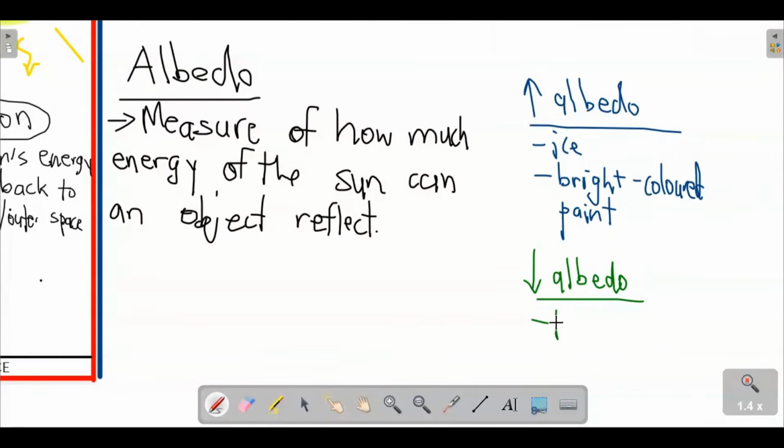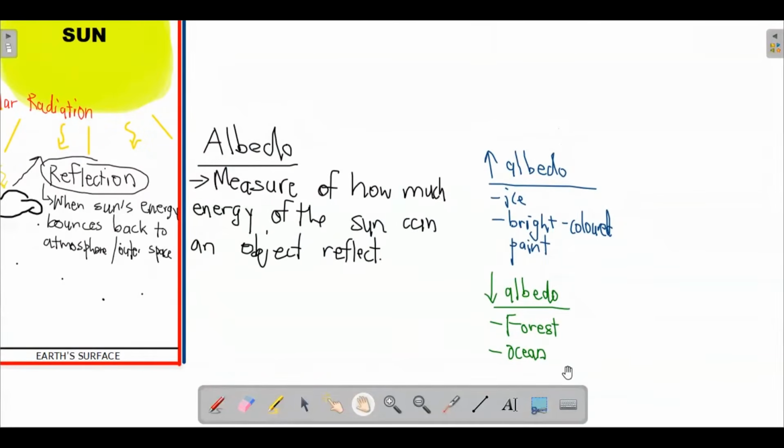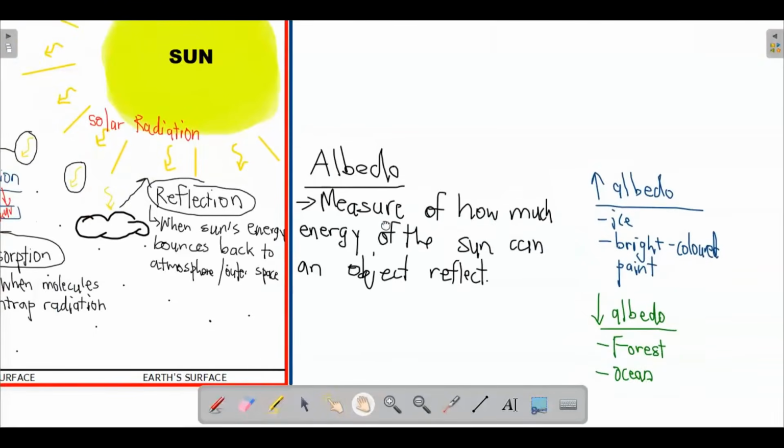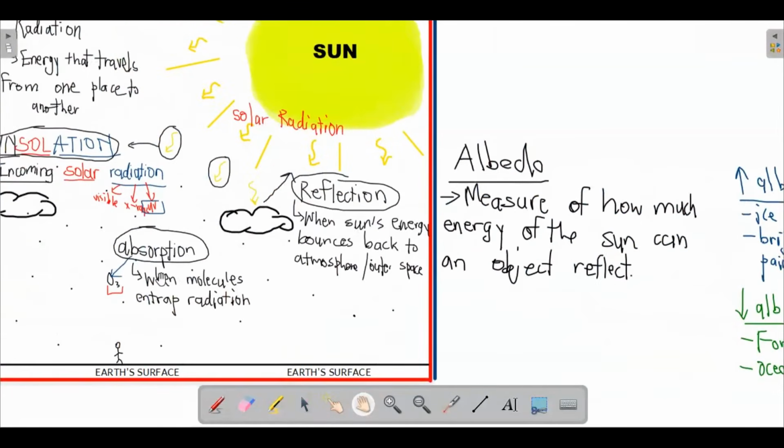The forest has a relatively low albedo. The ocean has a low albedo, and so on. The asphalt that we use to build our roads also has a low albedo. So the sun's energy can be absorbed, it can be reflected. That is important to note.